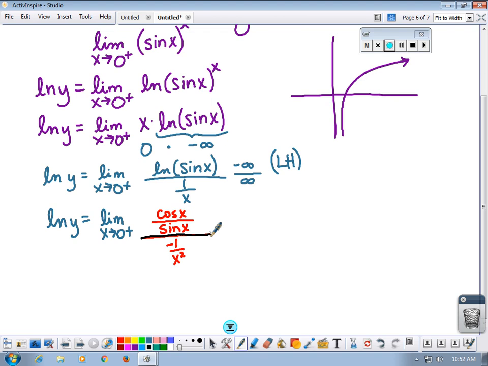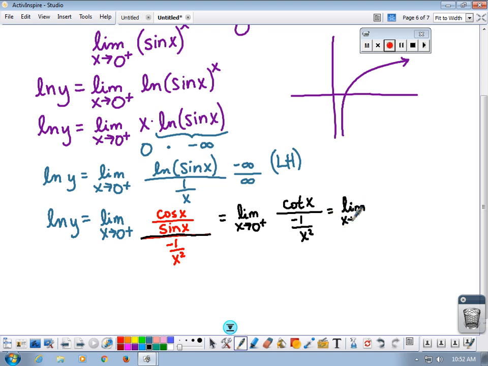What we can do now, let's rewrite this as cotangent. Now, this is just going to be like a little trick, basically. Think about the reciprocal of cotangent, which is tangent.